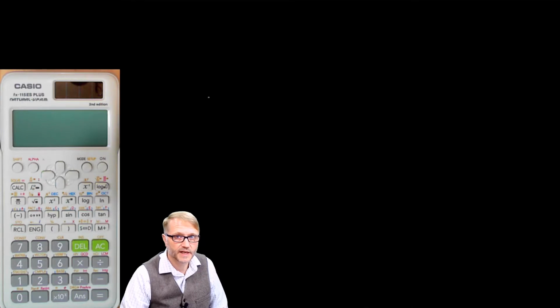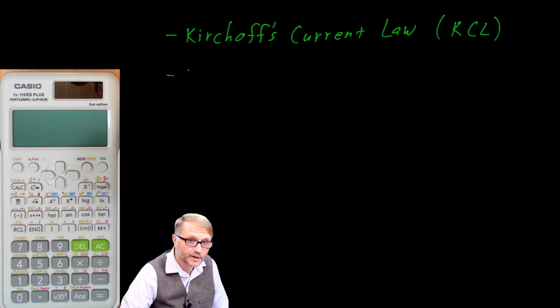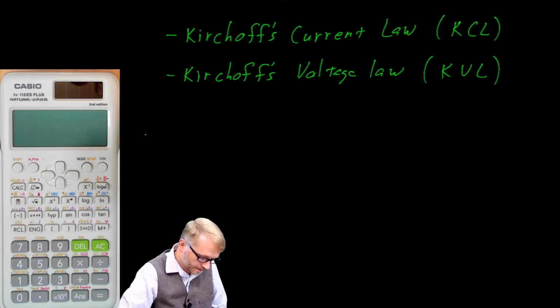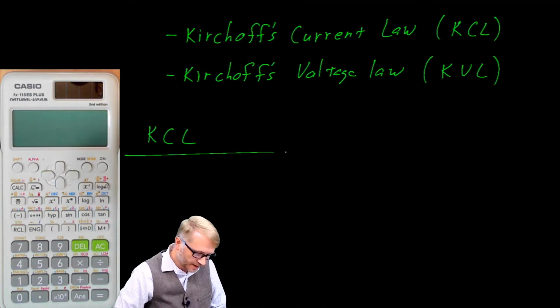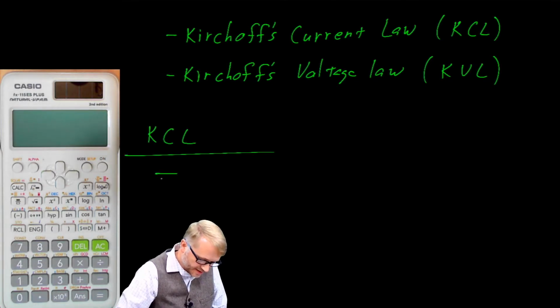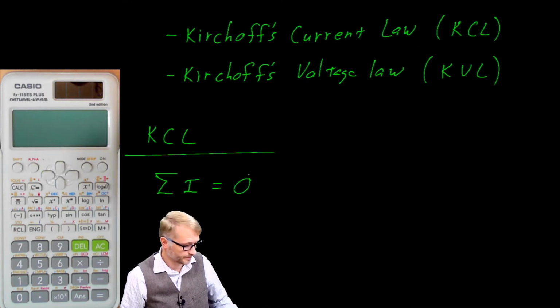Now we move to the next part of chapter 1, where we talk about Kirchhoff's current law and Kirchhoff's voltage law. We'll start with KCL. This tells us that the summation of the currents is equal to 0.